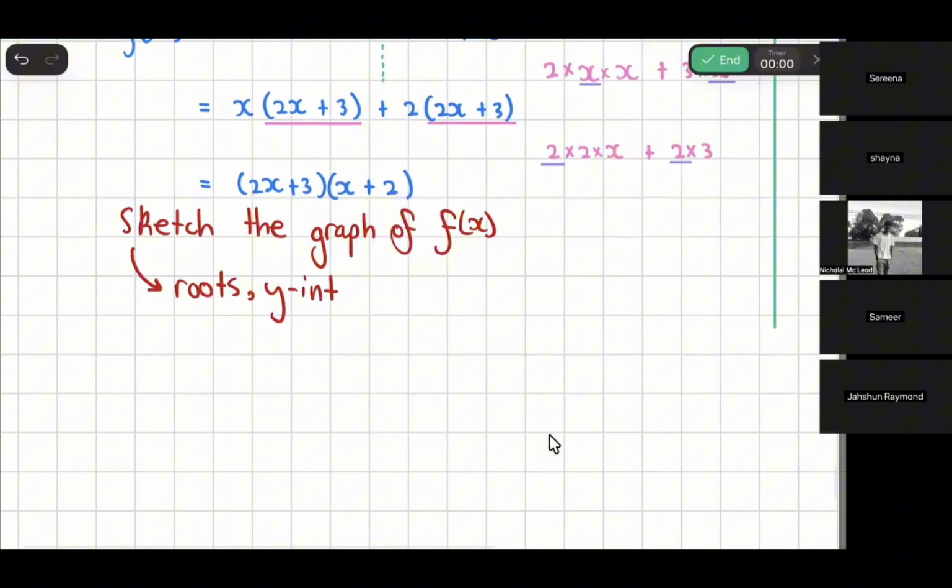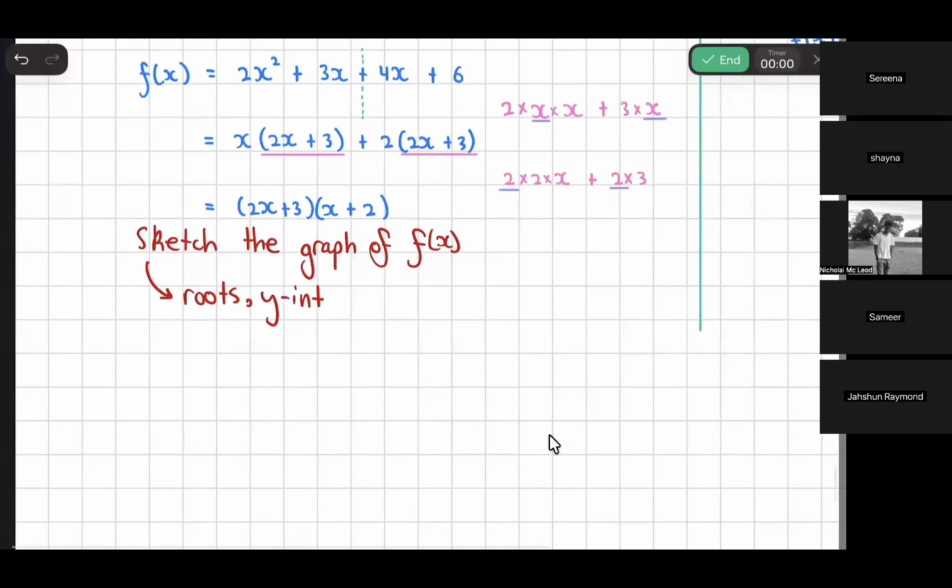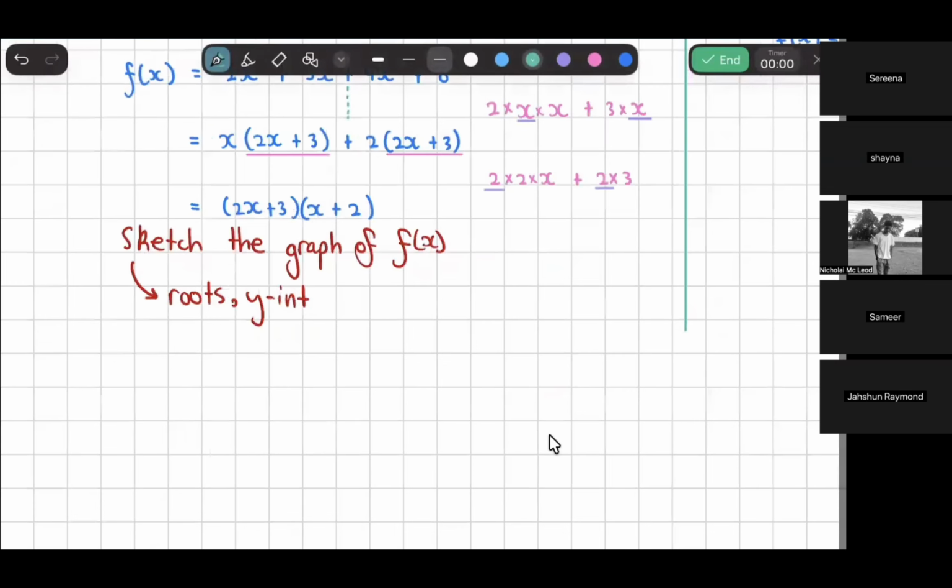So let's try to sketch the graphs now. Sienna, to sketch the graphs, it is the exact same process as last time. If we want to figure out the roots, I'm going to put the product of my linear factors equal to 0.